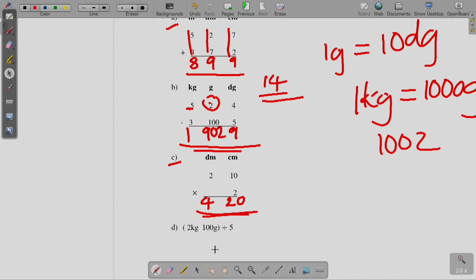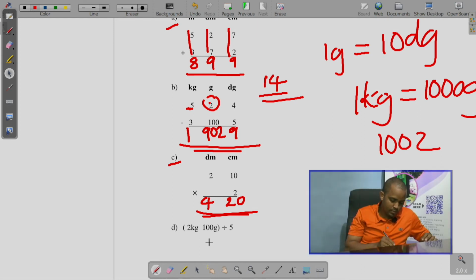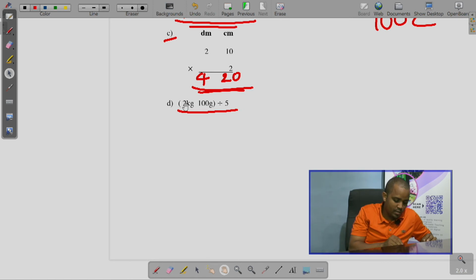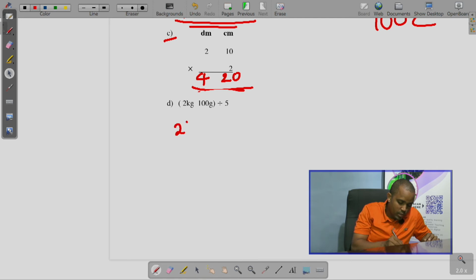And let's finish with the last one, where we are required to perform division. So how can we divide these two mass quantities by 5? It can be divided as follows. 2 kilogram and 5 kilogram divided by 5.